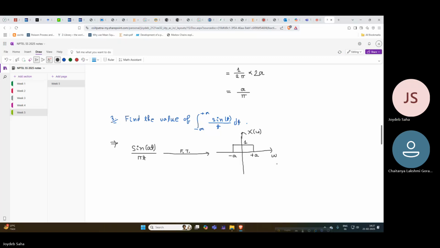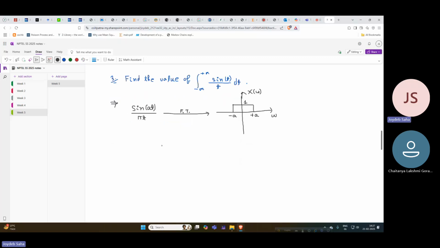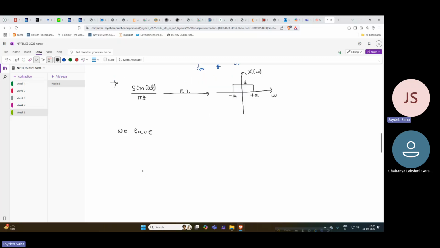Fine. Now, what we know? We have the basic definition of Fourier transform.